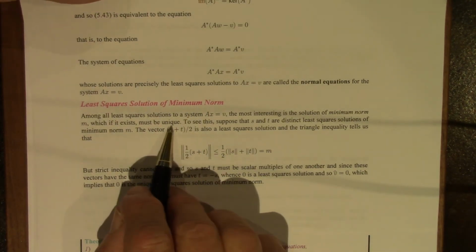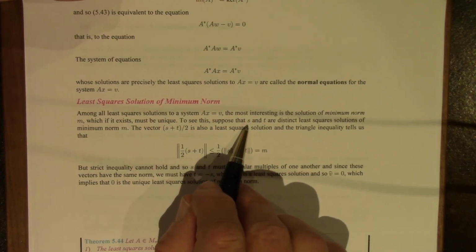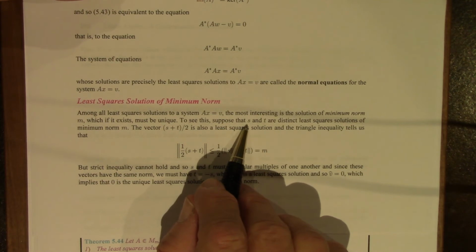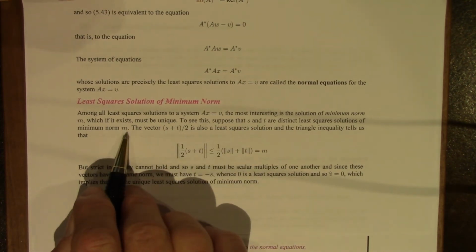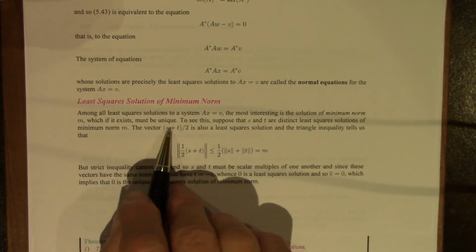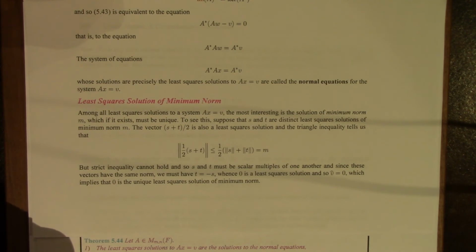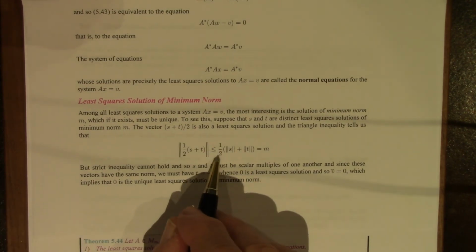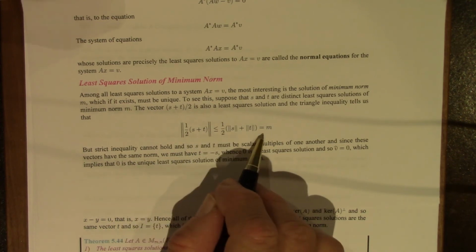To see that it must be unique, if we had two distinct least squares solutions, S and T, of minimum norm, then this vector, S plus T over 2, would also be a least squares solution, and the triangle inequality would tell us this.